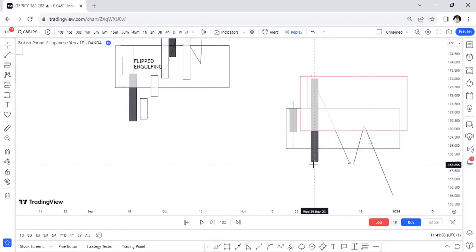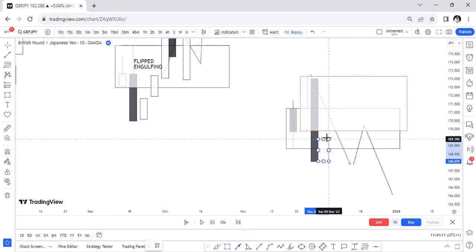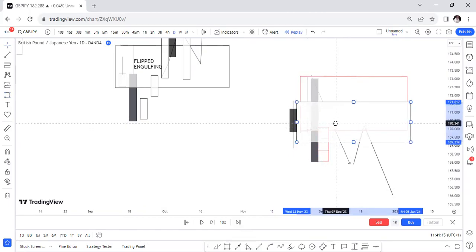Now this one has failed, so price will tap into this new zone.